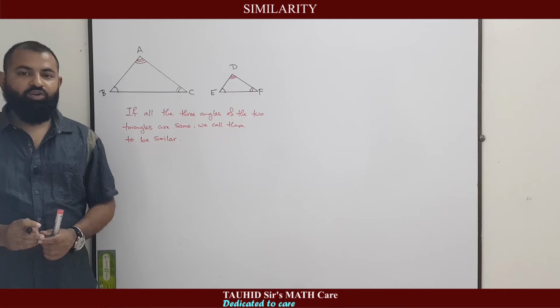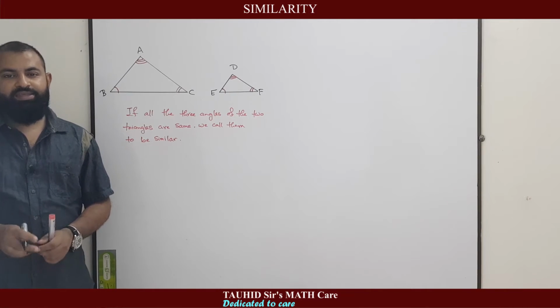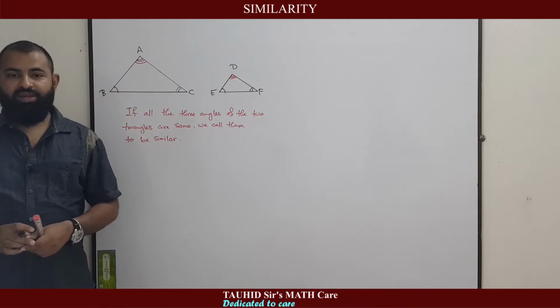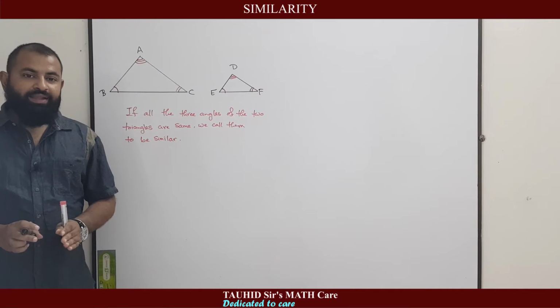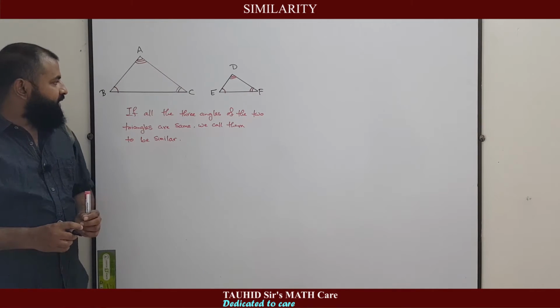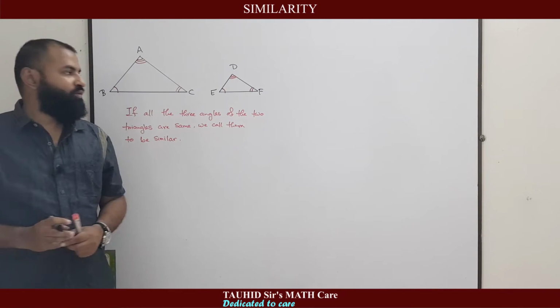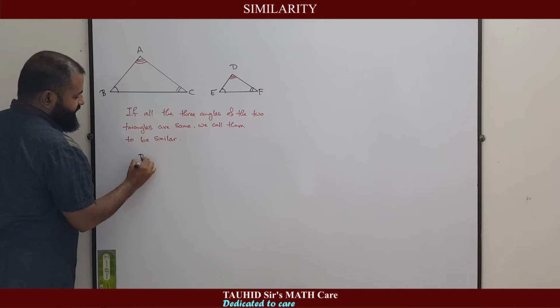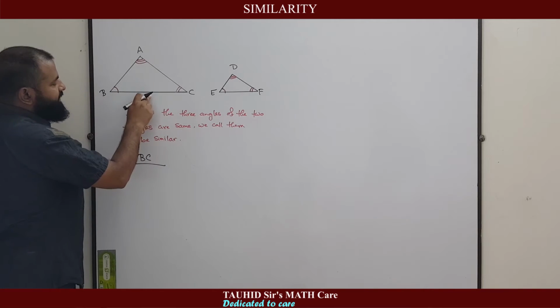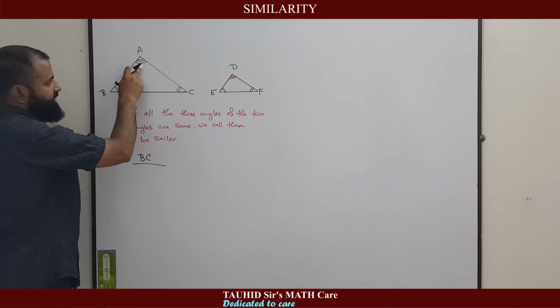What is the effect of similarity on the size of the sides of a triangle? If two triangles are similar, their corresponding sides maintain a constant ratio. For example, BC is the side opposite to this angle.